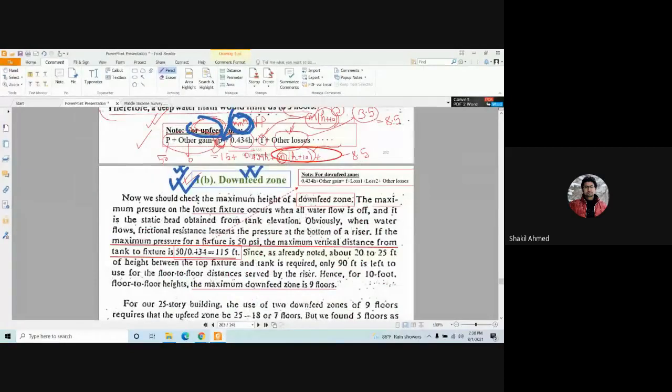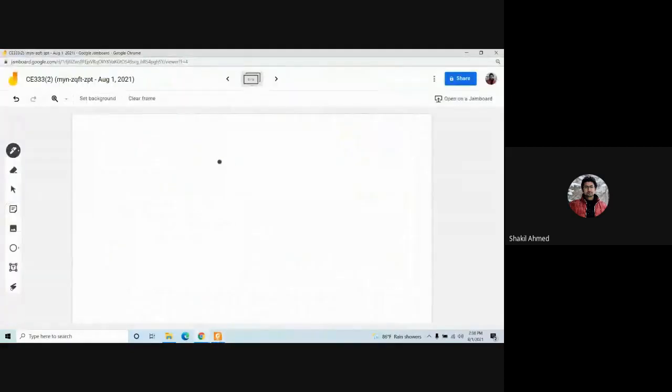Downfeed zone. For 1 foot, how much do you gain? 0.434 psi. You need to determine the height, right?